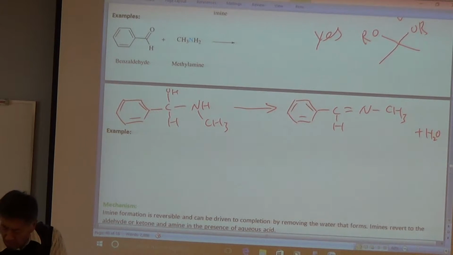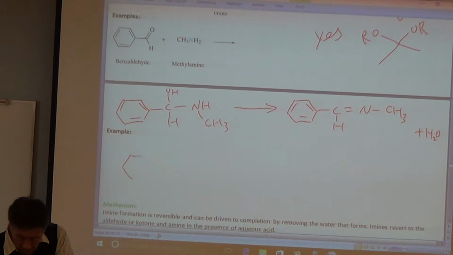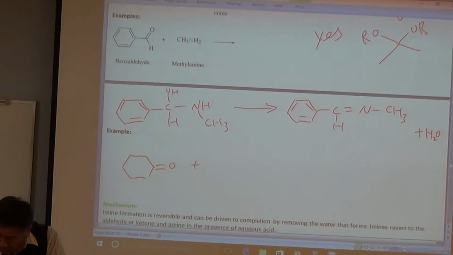The second example is this cyclohexanone plus this isobutylamine. And they will give you this imine.